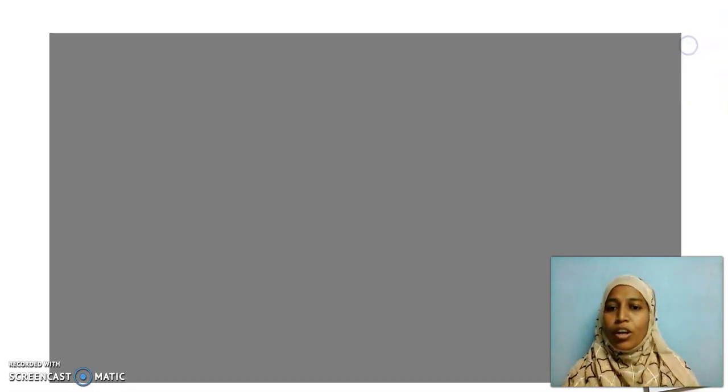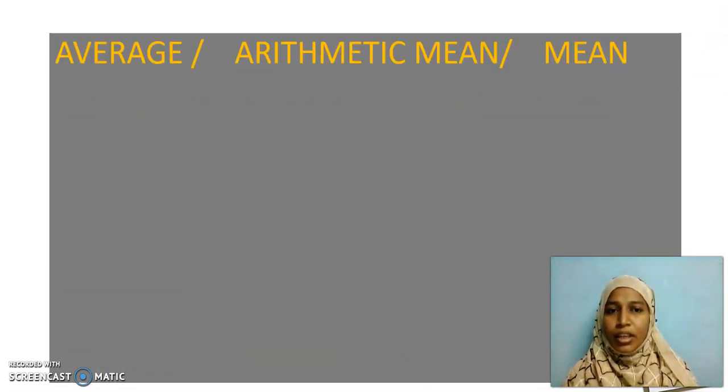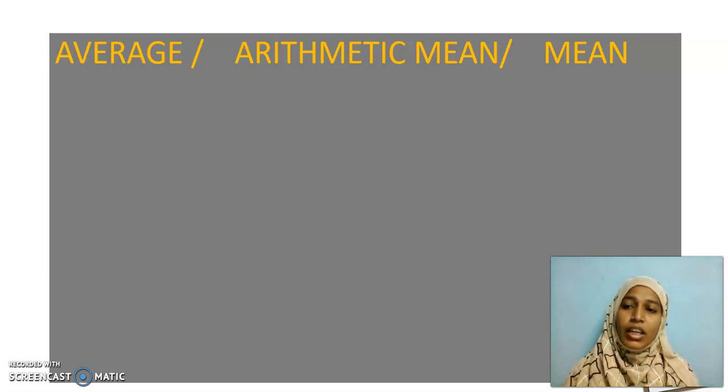The first important tool that we have now learnt is arithmetic mean. It is also called average or mean. In a question, they may ask you to find the arithmetic mean, or find the average, or find the mean. Everything means the same. Don't get confused with 3 different words.